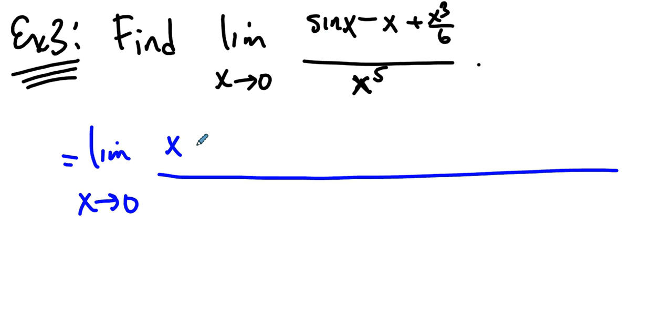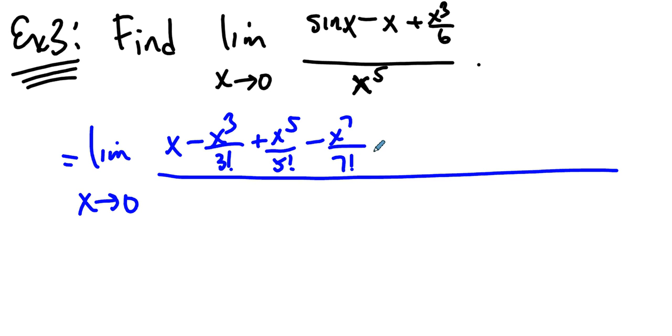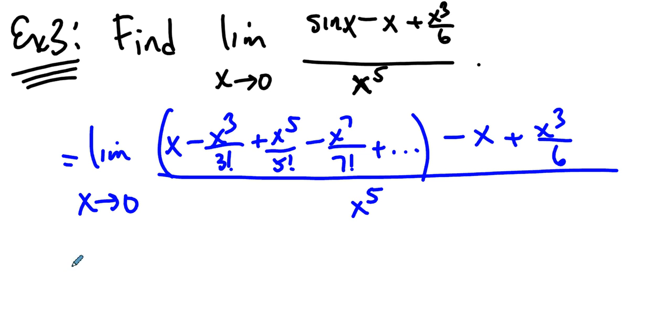Sine x is x minus x cubed over 3 factorial plus x to the 5th over 5 factorial minus x to the 7th over 7 factorial plus and so on, minus x plus x cubed over 6, over x to the 5th. Well, take a moment to think about what happens here.